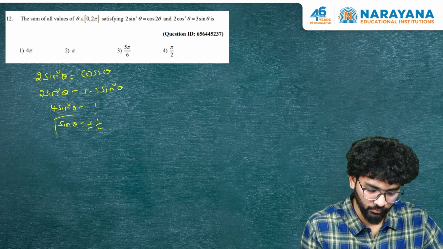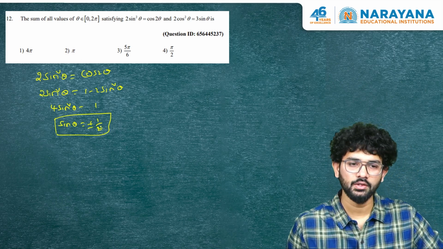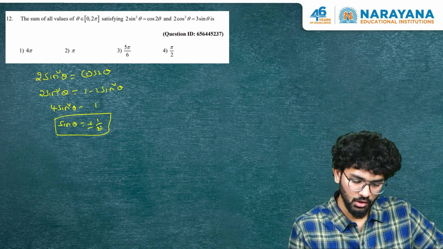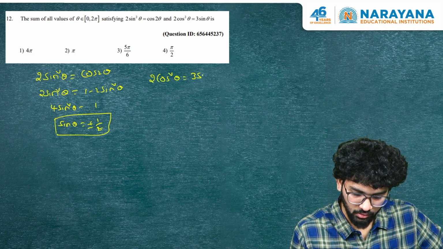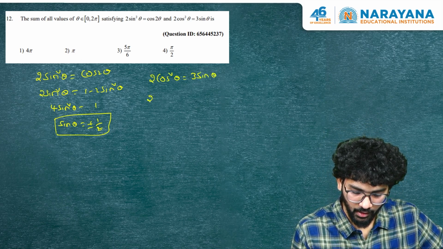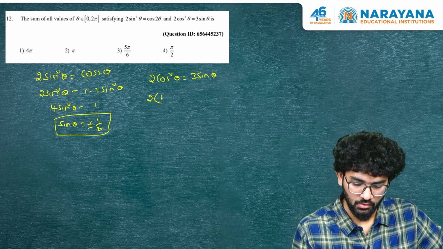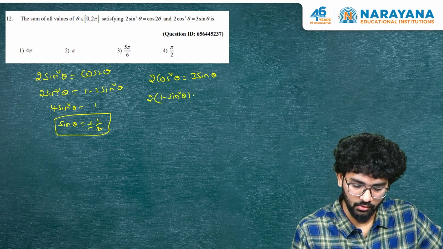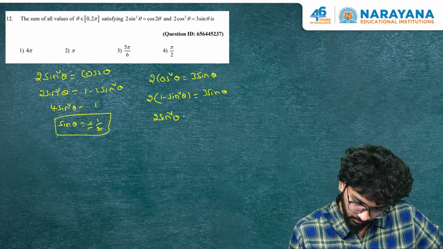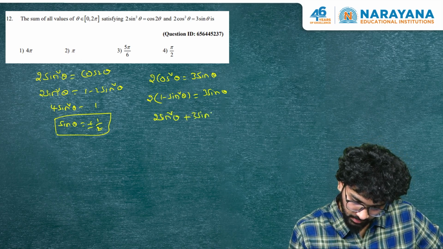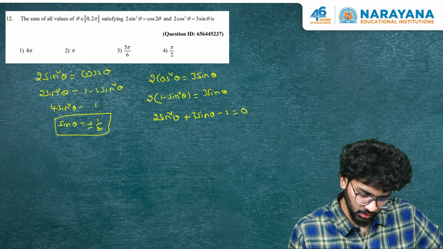From the first equation we are getting sin theta equal to plus or minus 1 by 2. If you take the second equation, 2 cos square theta equal to 3 sin theta, I can write cos square theta as 1 minus sin square theta. So this will be 2 sin square theta plus 3 sin theta minus 2 equal to 0.